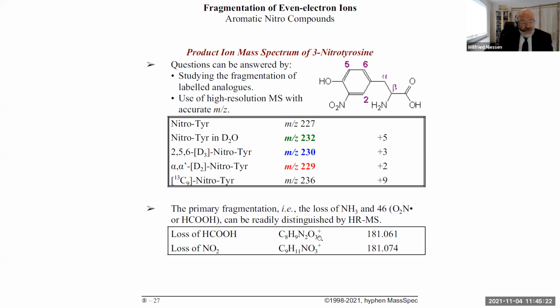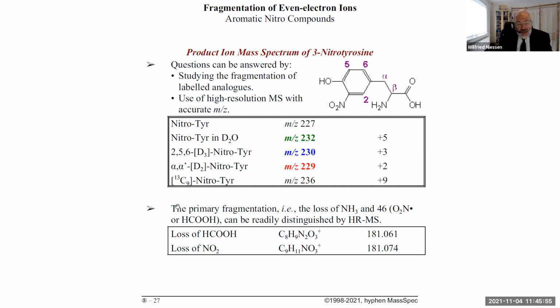But in fact, what we are going to do is look at MSMS spectra of labeled substances. So we do a deuterium exchange experiment. We have deuterium labeling of the three hydrogens on the aromatic ring, and we have an alpha-alpha D2 labeled substance.